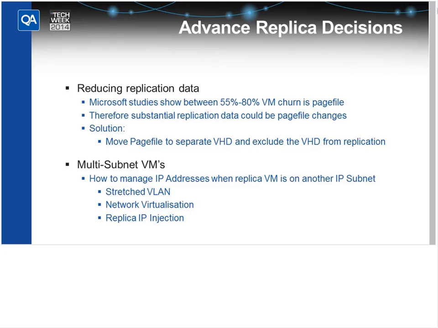From a replica point of view, you can have virtual machines where most of the data changing in an individual replication interval could be page file related, and that's all being replicated across to your virtual machine in your disaster recovery site.